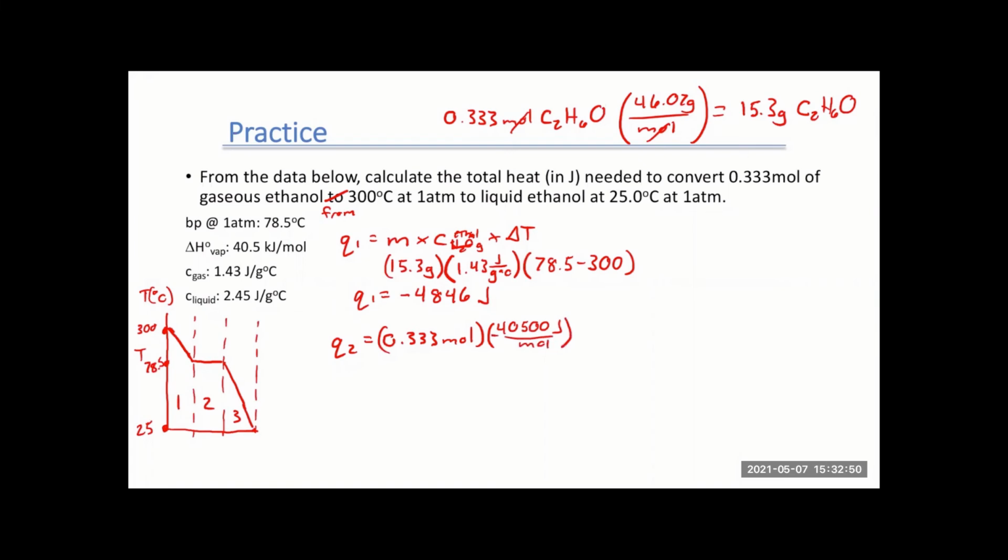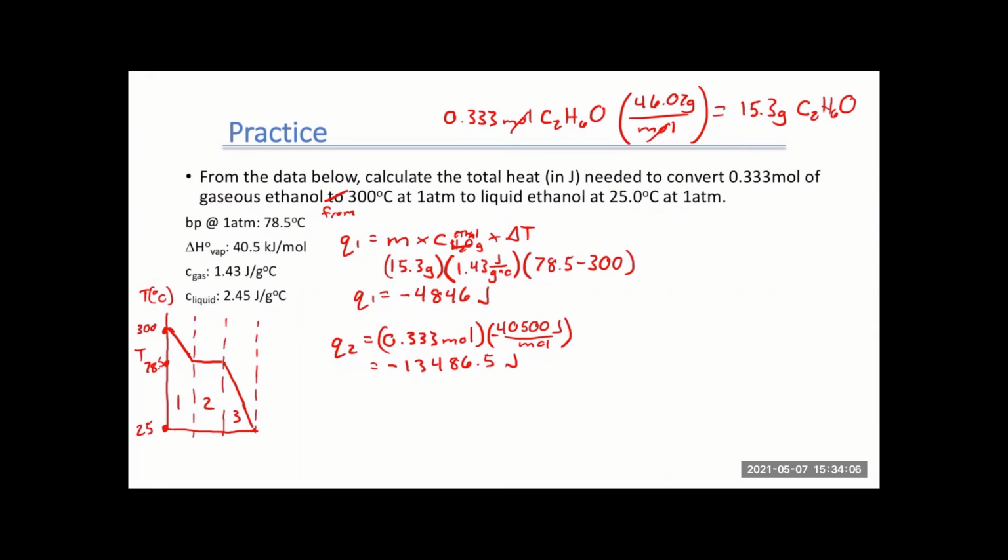And it gets a negative sign because we're losing that heat. So that means we have 0.333 times that negative 40,500. And so this gives us a Q2 of negative 13,486.5 joules.